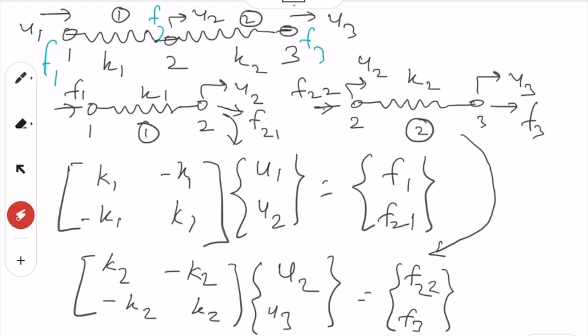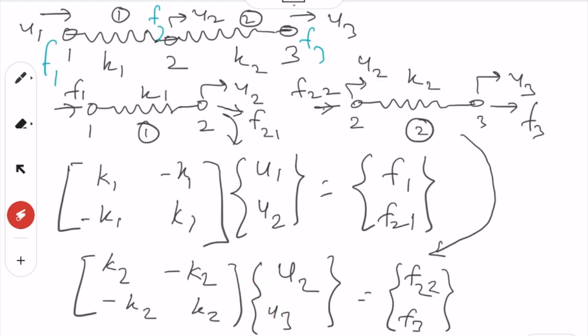So, u1 is here, u2 is here, u2 is here, u3 is here, and we are considering just this multiplied by this equal to this and this multiplied by this equal to this only. Hence, u3 is here, which is going to be multiplied by minus k2.